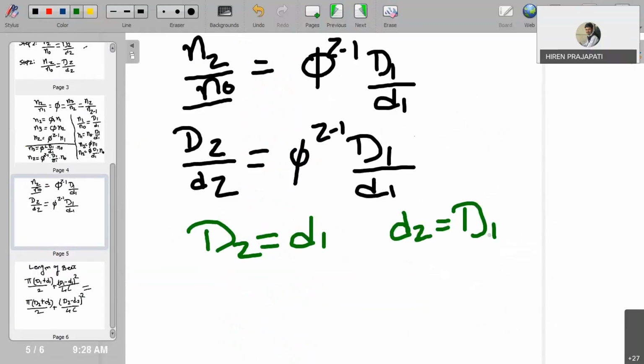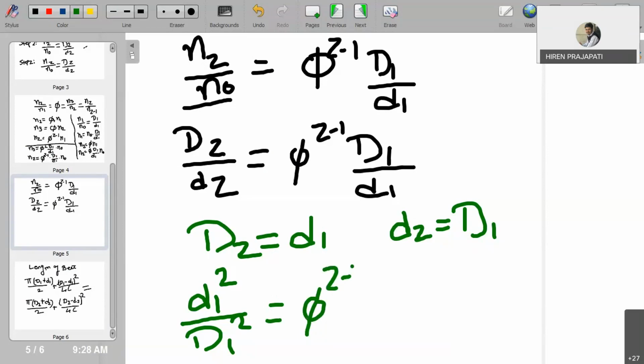I hope it is clear. So if we do that, then on this side we'll have this large dz replaced by d1. Then what will we get finally? We'll get d1 square by capital D1 square is equal to phi raised to z minus 1. I hope it is clear, right?